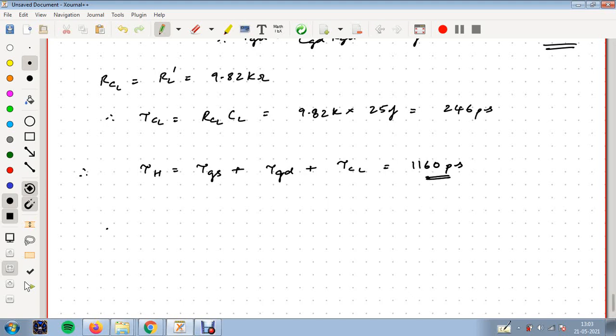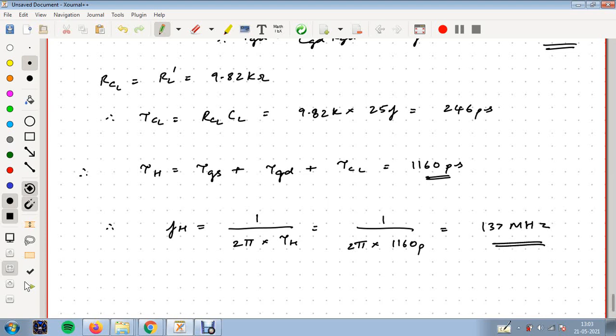Therefore FH here is 1 by 2 pi into tau H, which is 1 by 2 pi into 1160 pico. This will turn out to be 137 megahertz.